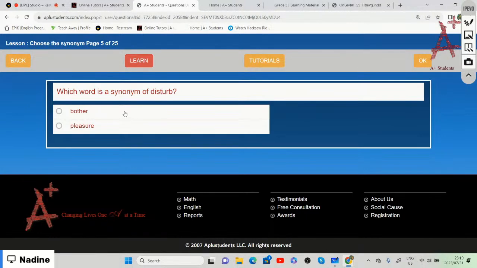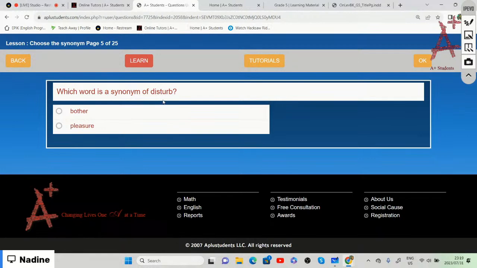All right, we're going to do the last one, which is which word is a synonym of disturb? So someone is disturbing you, right? Does it mean that they are bothering you, or is it pleasure? So we need to find the word that is similar or almost the same in meaning as disturb.